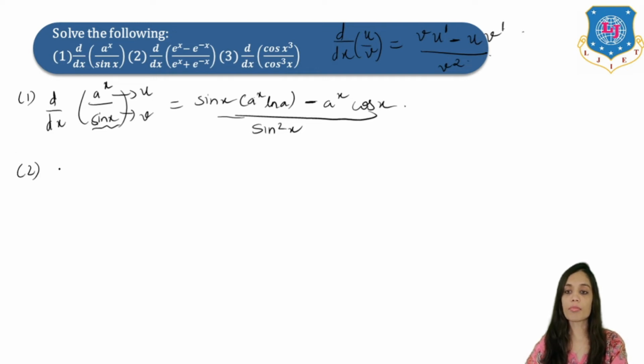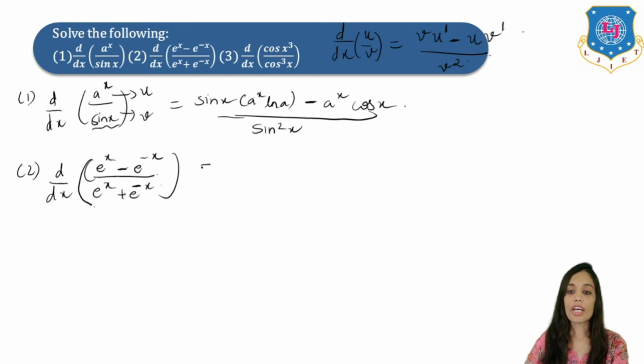Now the second example. So d by dx of e raised to x minus e raised to minus x upon e raised to x plus e raised to minus x. Fine. So now this will be equals to, this is your u and this is your v. Fine.